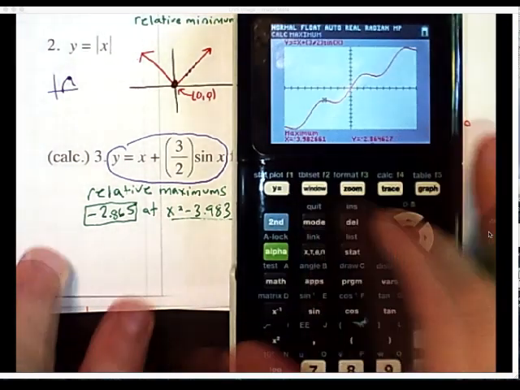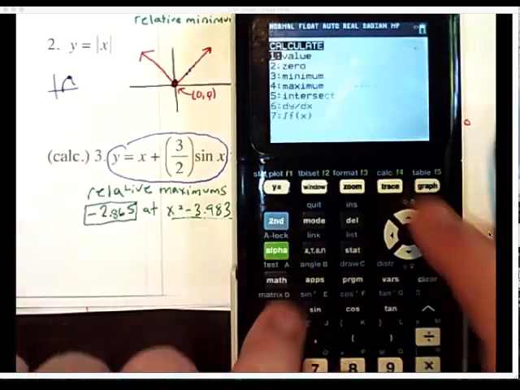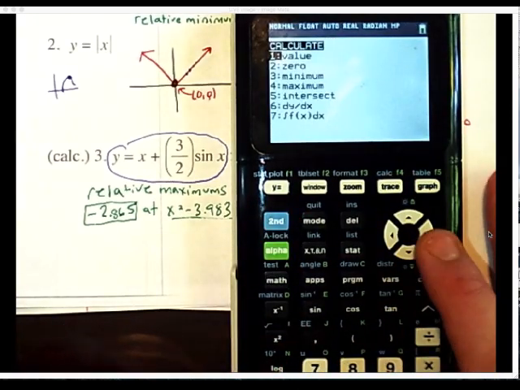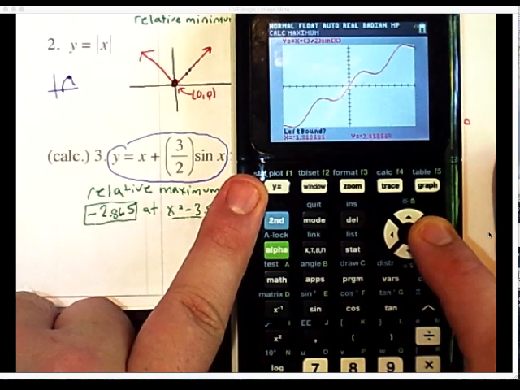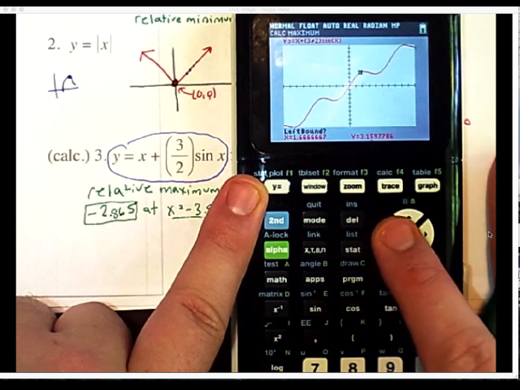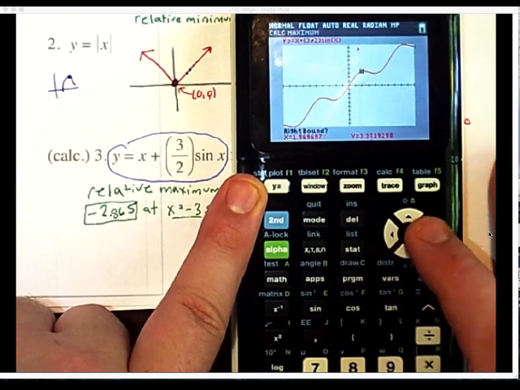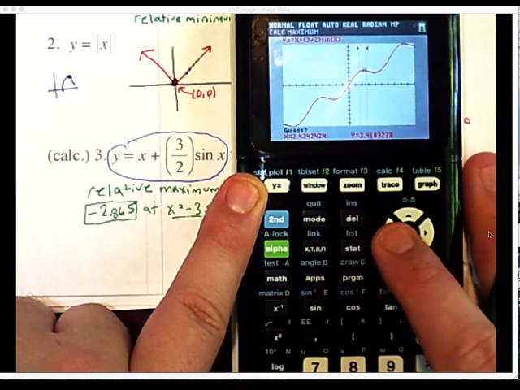In a similar manner, we just do the same thing again. Second calculate, let's calculate the next maximum. So this is the next relative high point in the graph, about right there. It says left bound, right bound, guess.